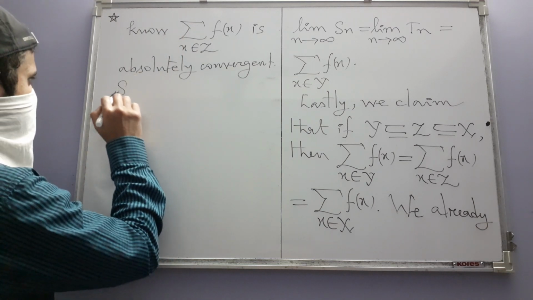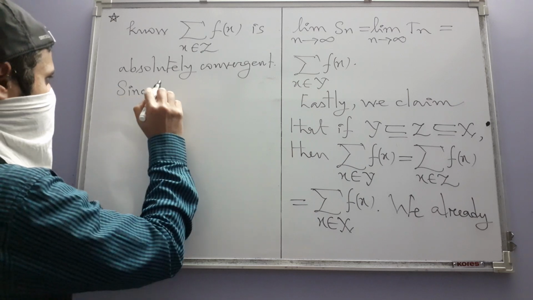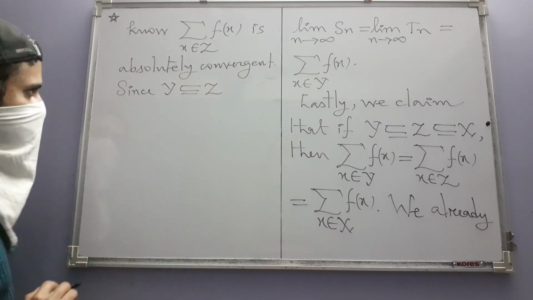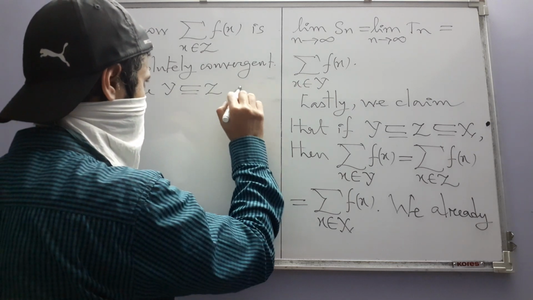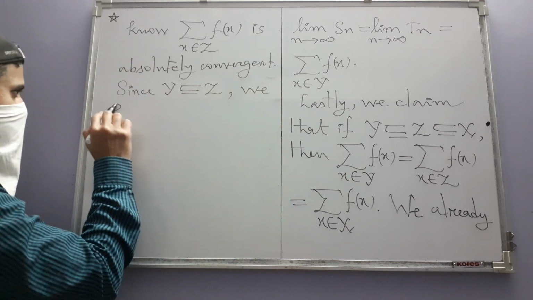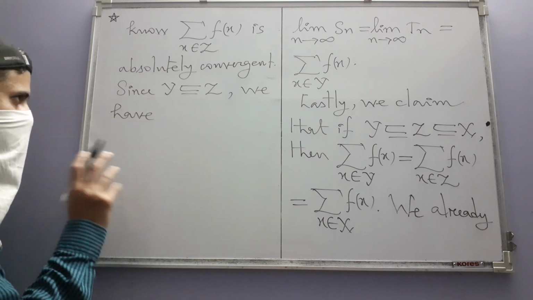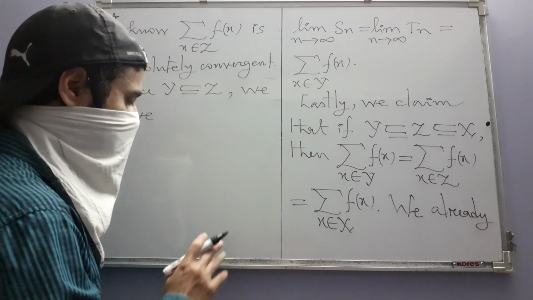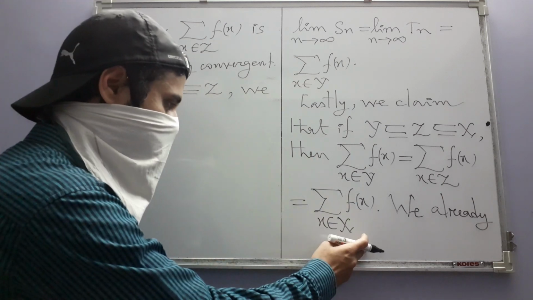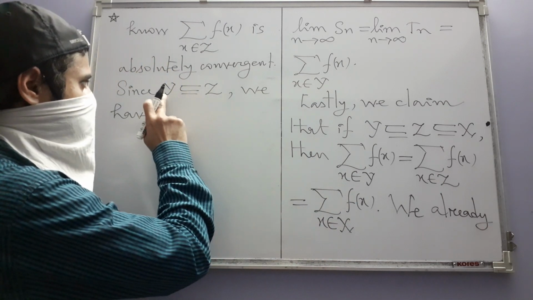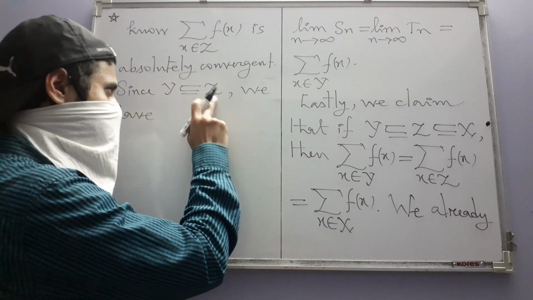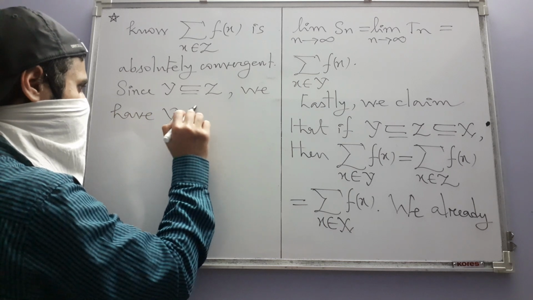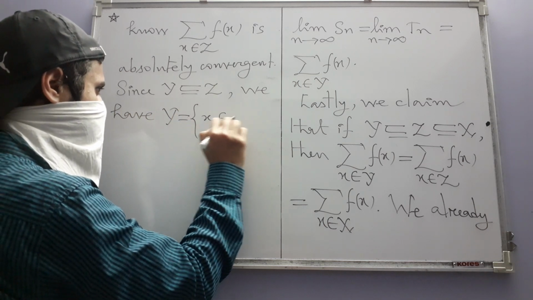Now, since y is a subset of z, what is y? y is the set of those points where f does not vanish. But because y is given to be a subset of z already, naturally we would have this.